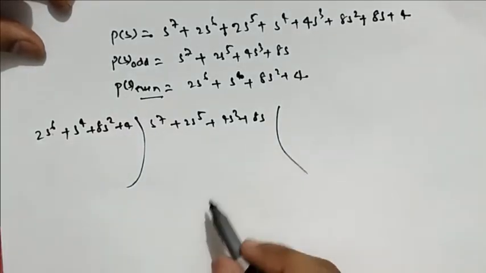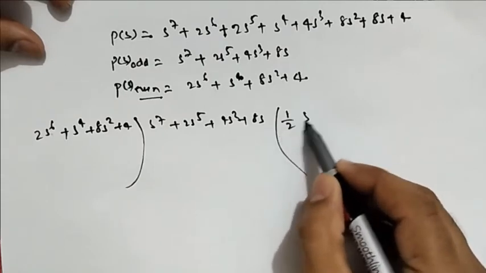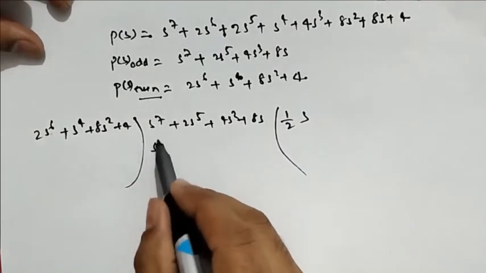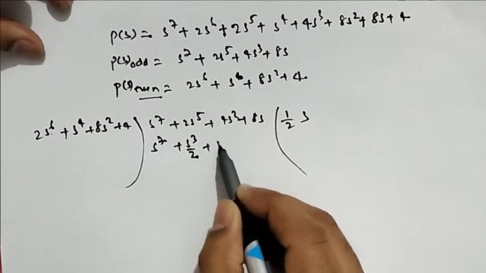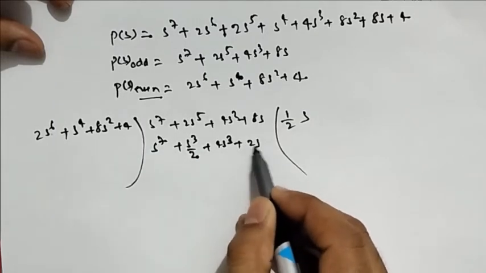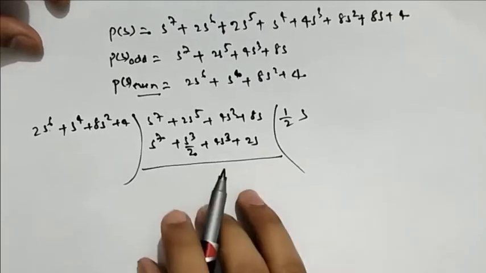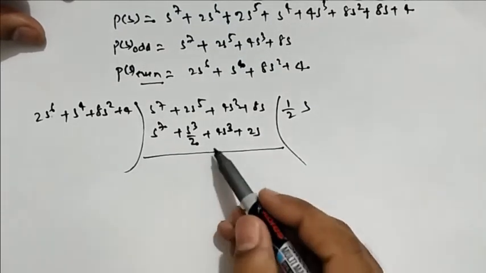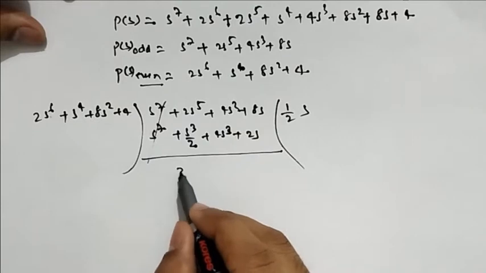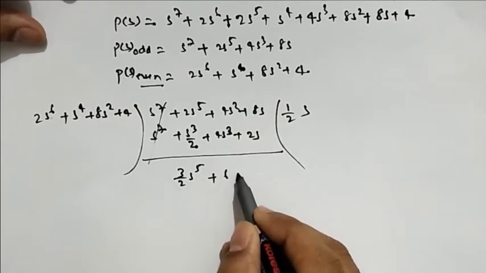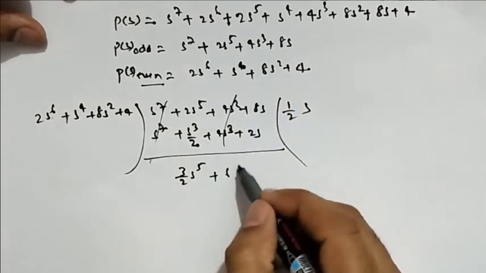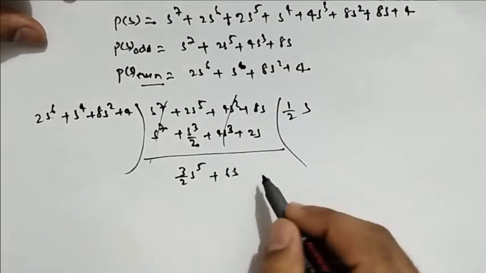Now if I divide it by half s, then what we are going to get is s^7, s cube by 2 plus 4s cube plus 2s, and if I subtract this one, what am I going to get? This will be cancelled, and 3 by 2 s^5 plus 6, this will be cancelled, and 8 minus 2, it is going to be 6.